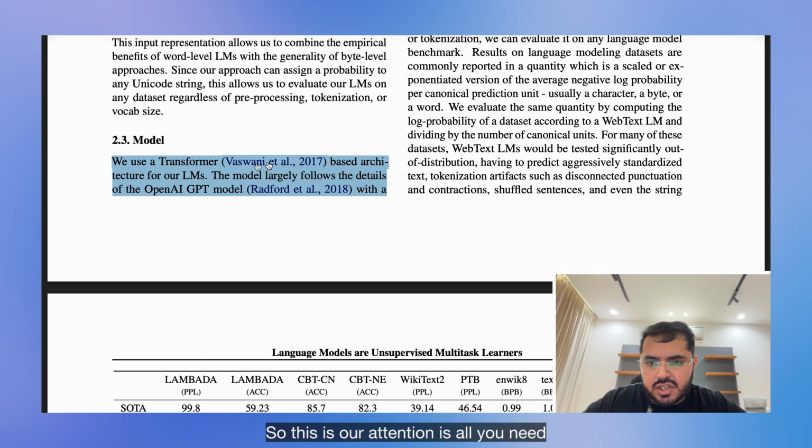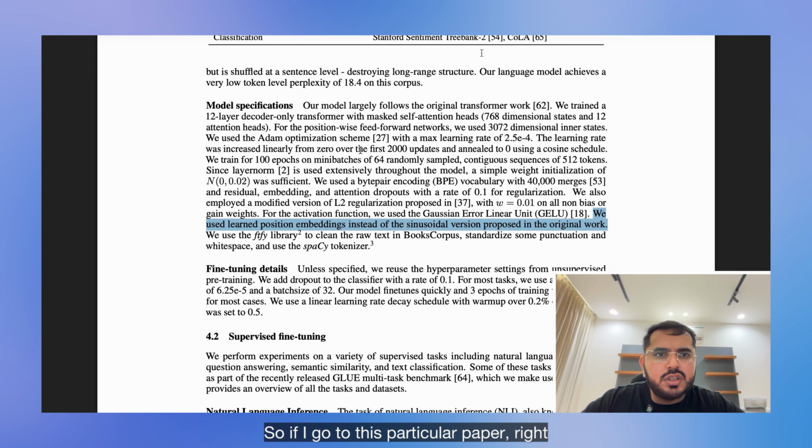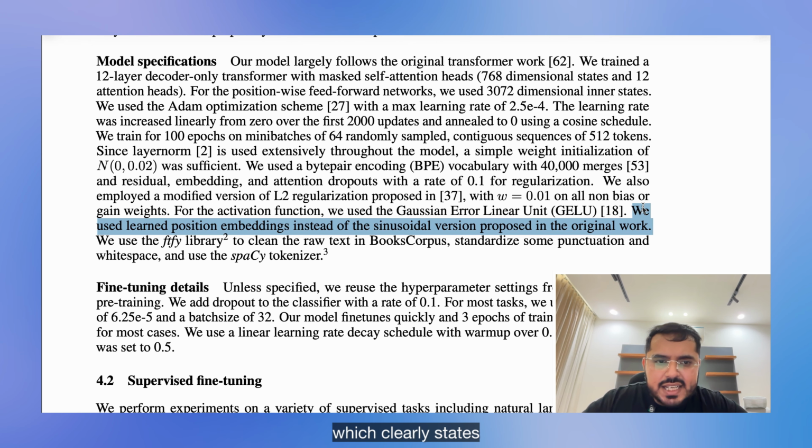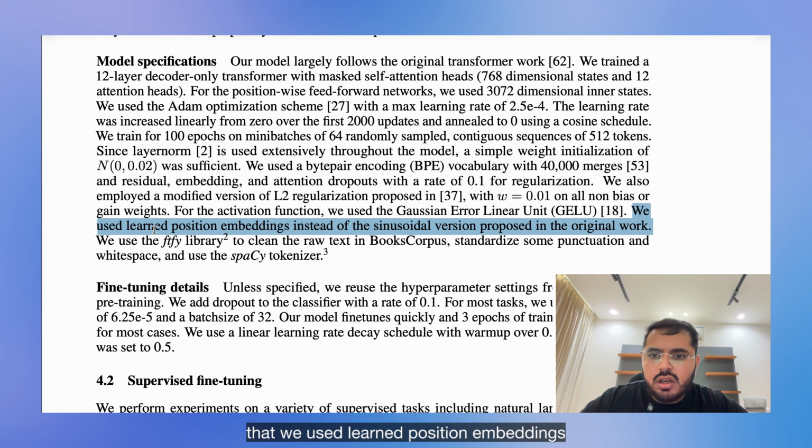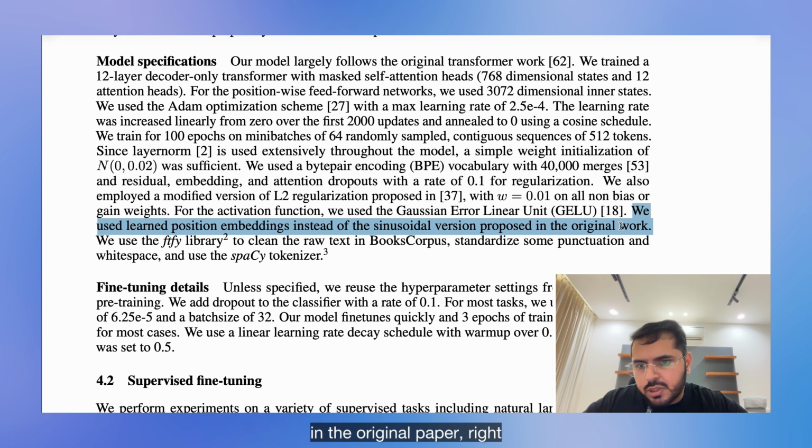The model largely follows the details of the OpenAI GPT model, which is mentioned in another paper. If I go to that paper, I will see that it clearly states that we used learned position embeddings instead of the sinusoidal version proposed in the original work.